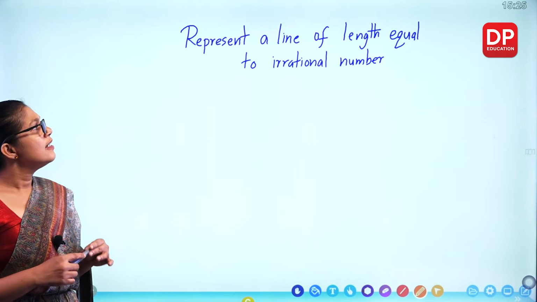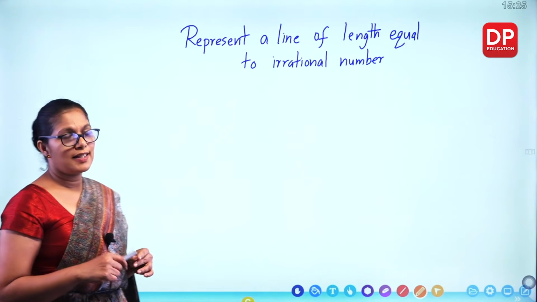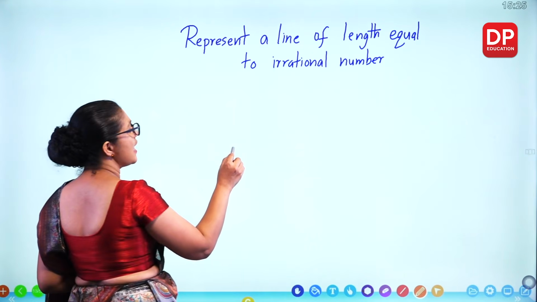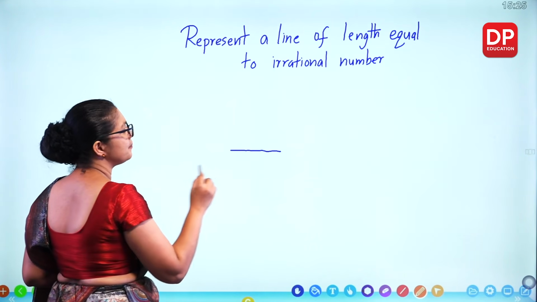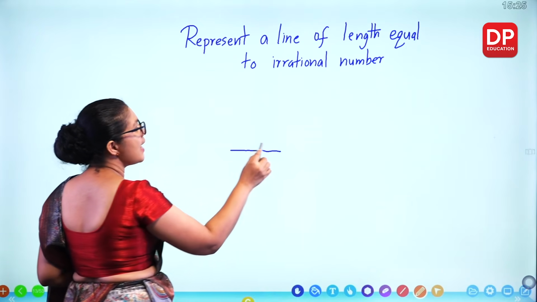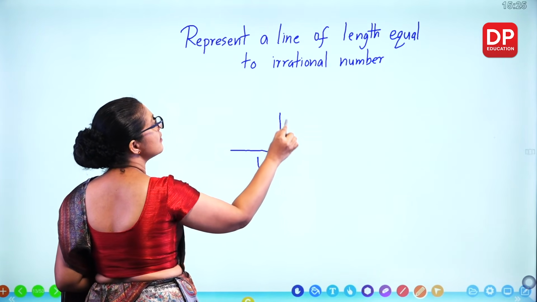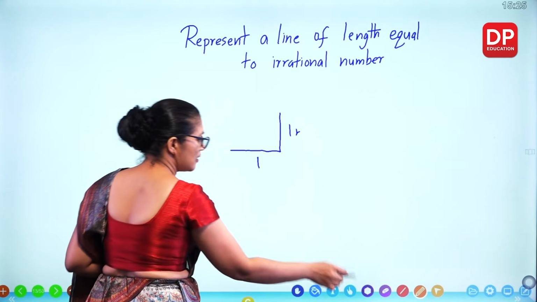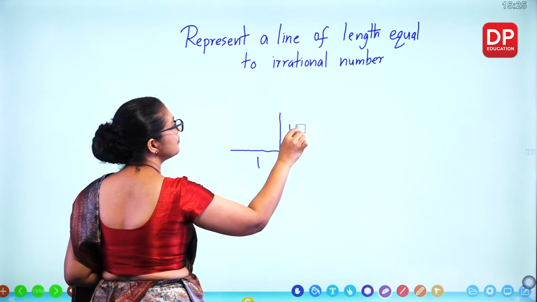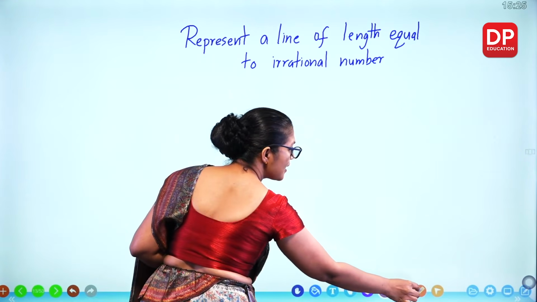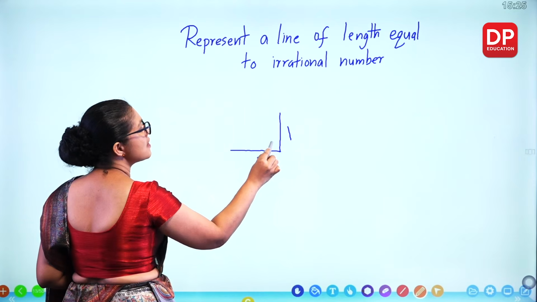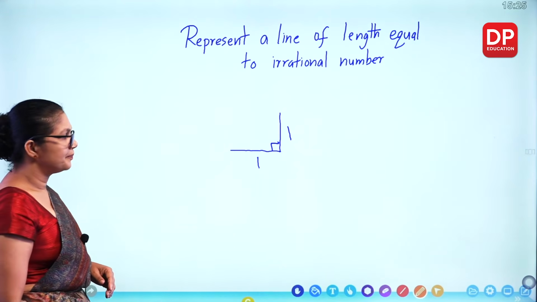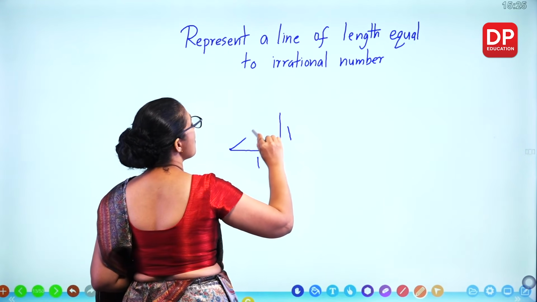So here, if you take length 1 and length 1 as the sides of a right angle triangle, what do you get?